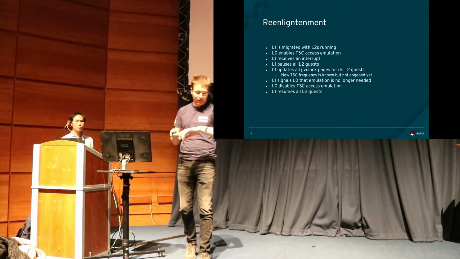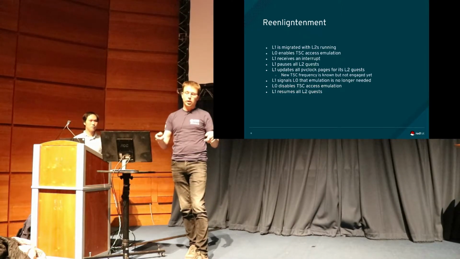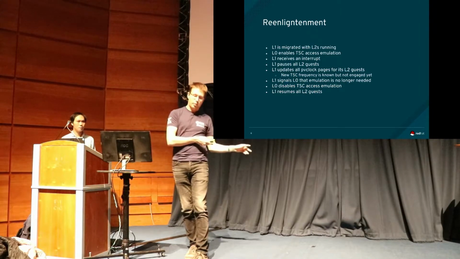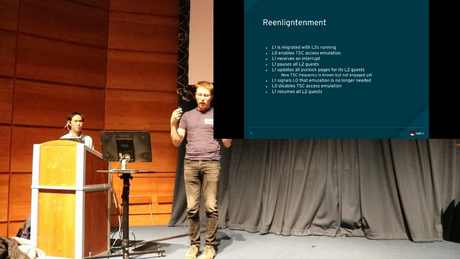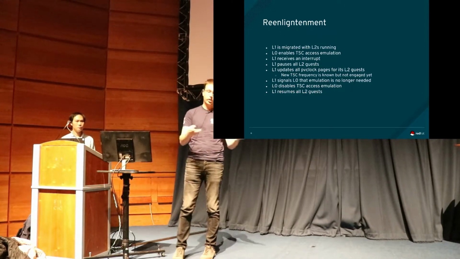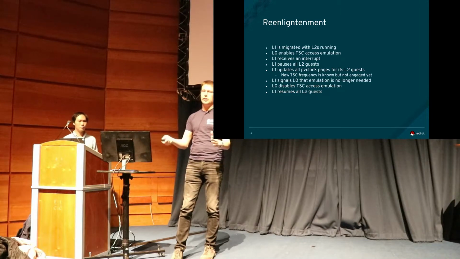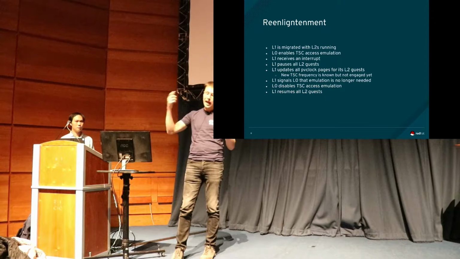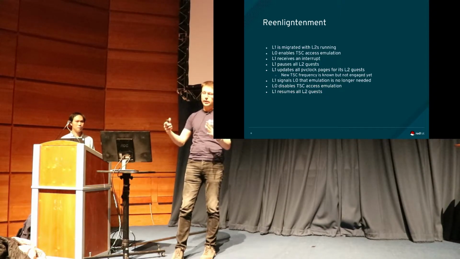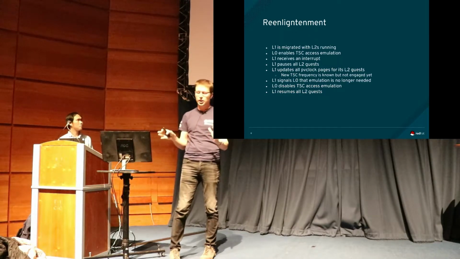The feature is that you can enable it, telling your level 0 hypervisor, which is Hyper-V, that you're interested in information about migration. So when you migrate, your TSC access becomes emulated, and the hypervisor tries to preserve the frequency and the offset. So from your guest's point of view, nothing changes.